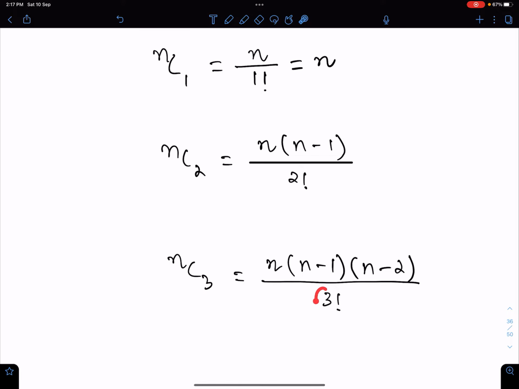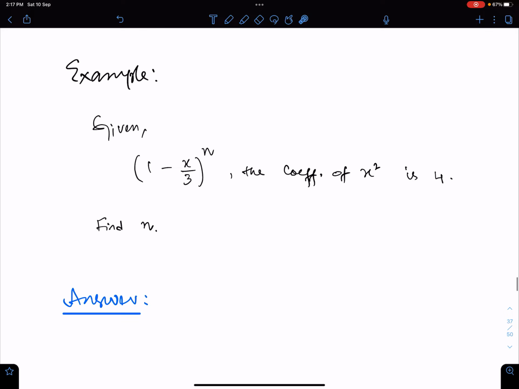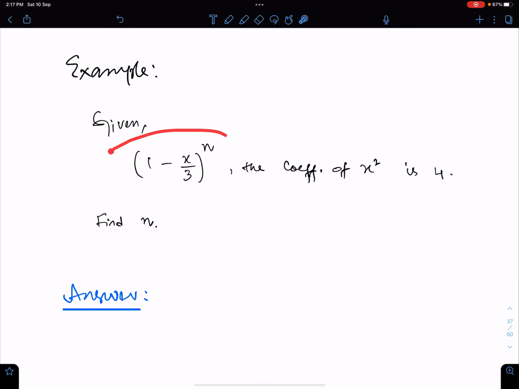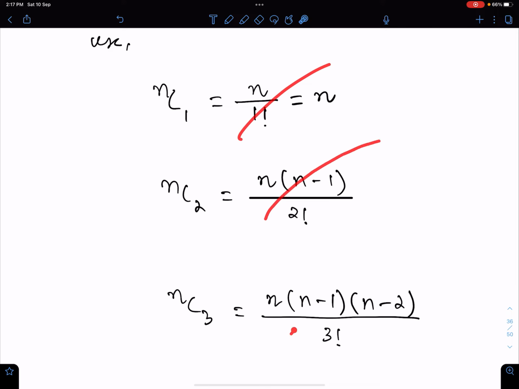And since we have 3 here, we must have 3 terms in the numerator in terms of n. And you can also simplify nC4 in the same way. So to solve these types of questions, when the power of the expansion is unknown, we need to use these types of combinations or these results.